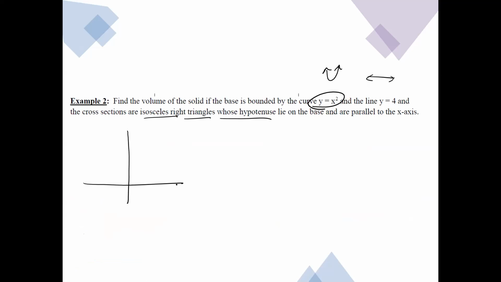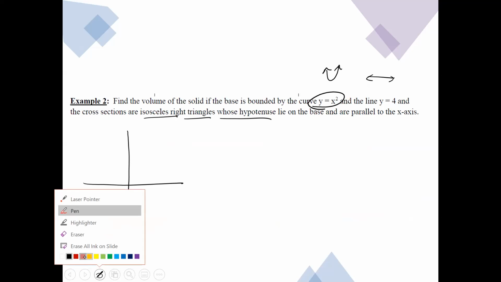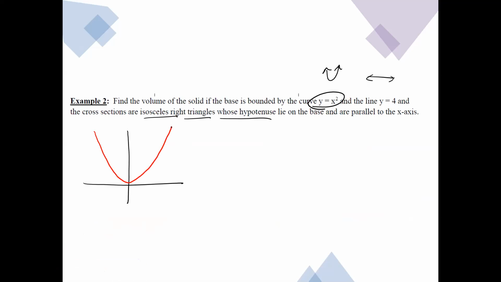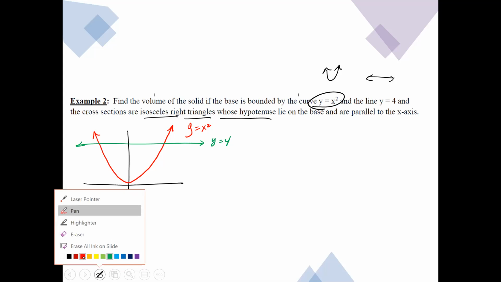So here's my grid. My parabola looks something like this, y equals x squared, and the line y equals 4. The cross sections are isosceles right triangles whose hypotenuse lies on the base and is parallel to the x-axis.